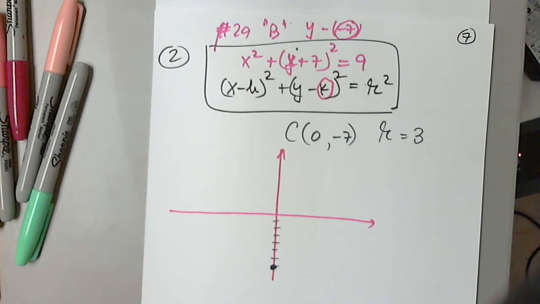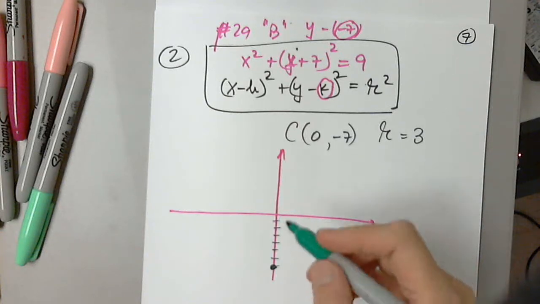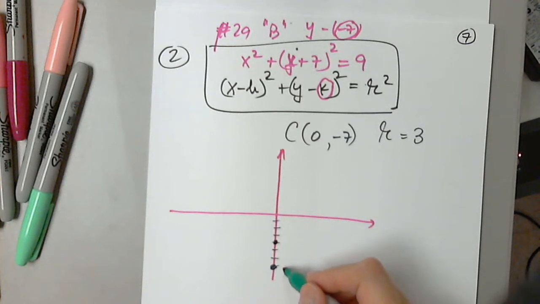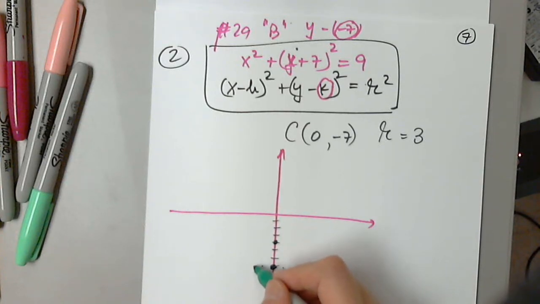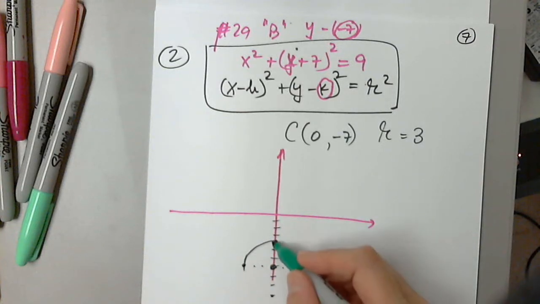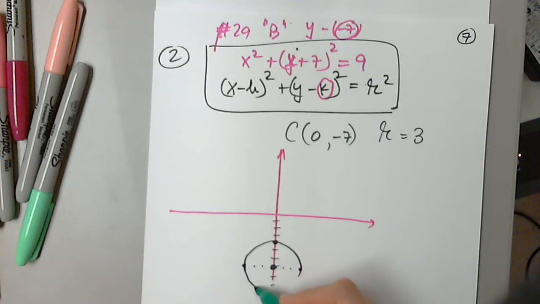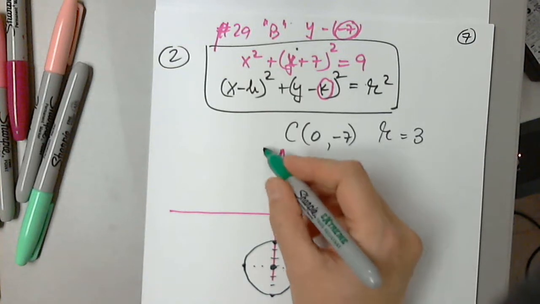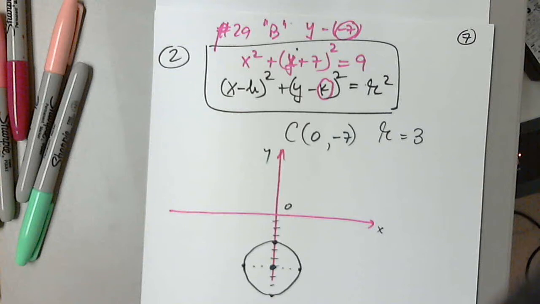I start with the center, and I go north, east, west, south, 3 units away. 1, 2, 3, 1, 2, 3, 1, 2, 3, 1, 2, 3. And yes, you are going to say that this is a circle. Please. And even if you don't, it's still a circle. I declared it a circle.